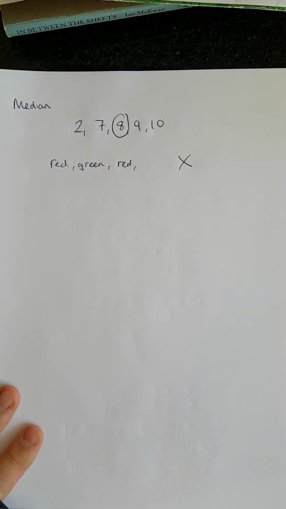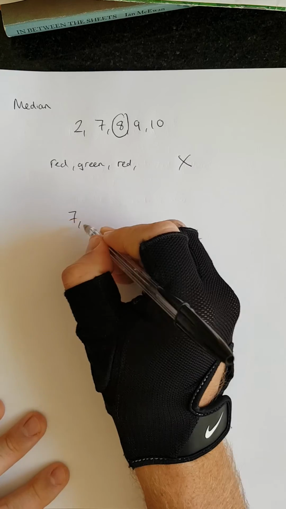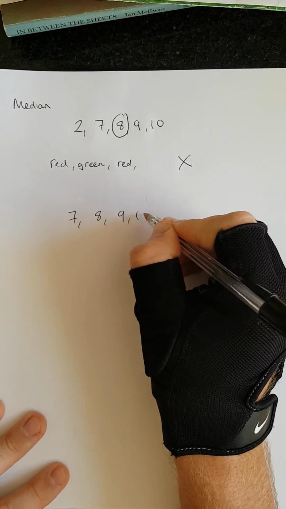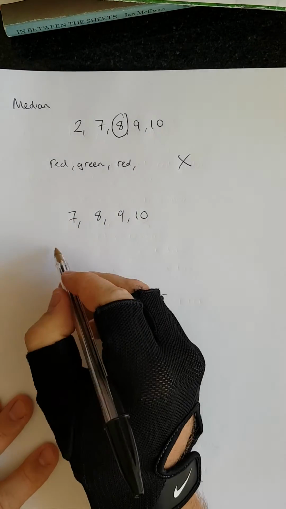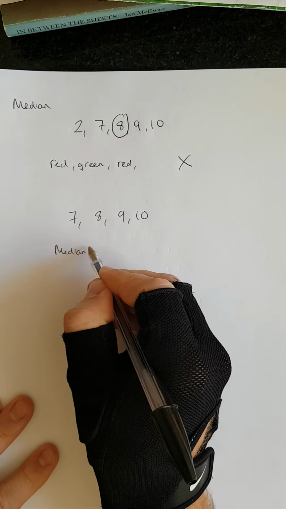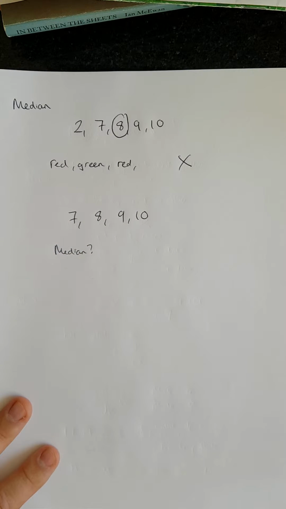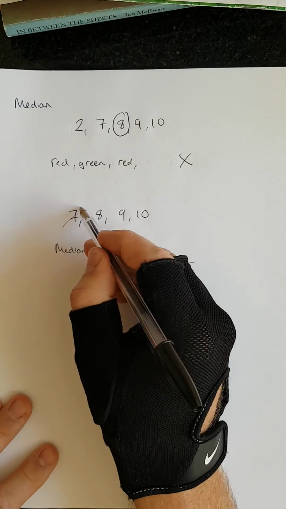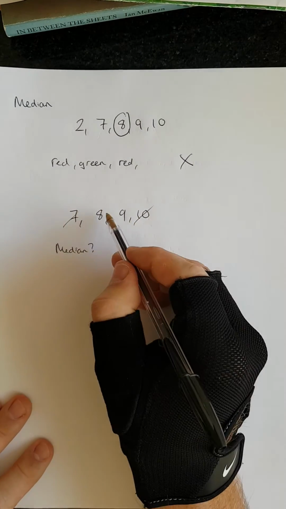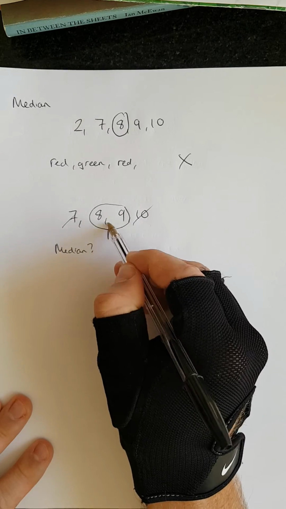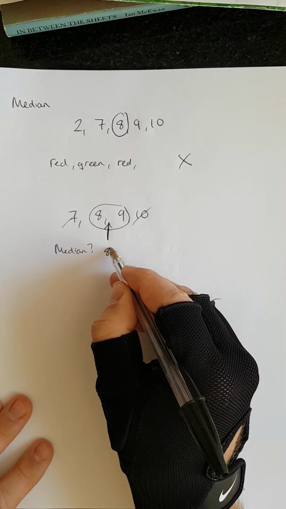Nope, you're thinking, because they're not numbers. What happens here? What is the median for this data set? So it's not the middle number, and it's between these two. So it's 8.5.